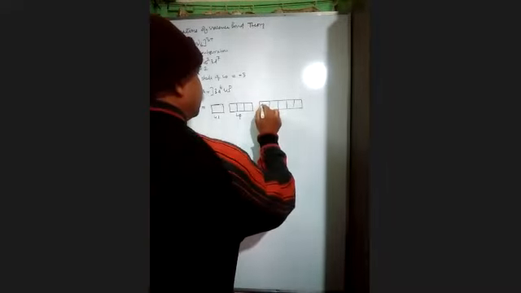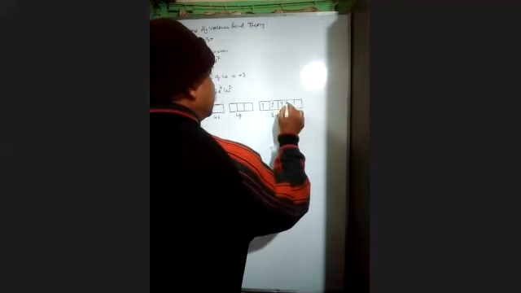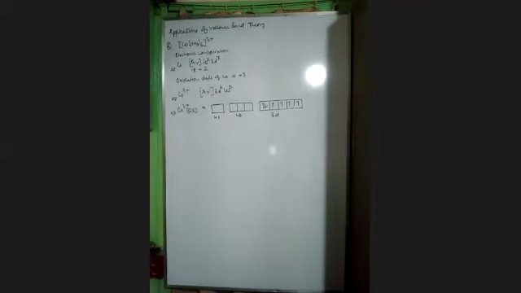So I'll write 6 electrons following Hund's rule, 1, 2, 3, 4, 5, 6.